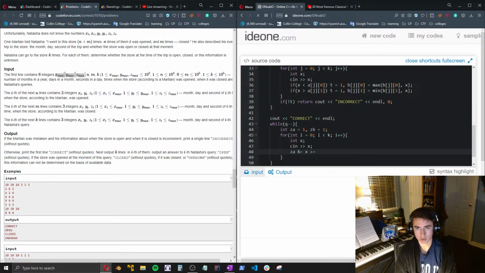X is going to be equal to 0. Y is going to be equal to 1.